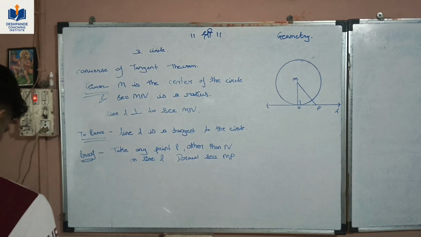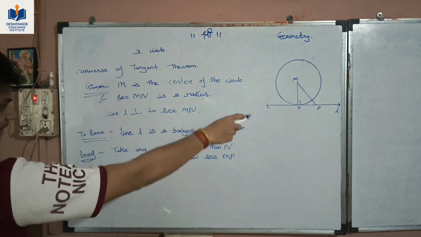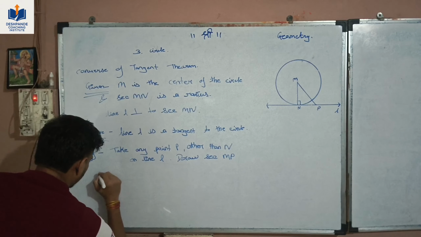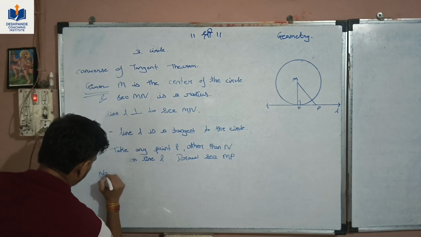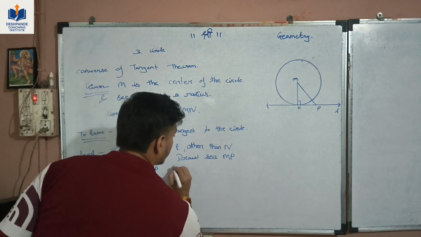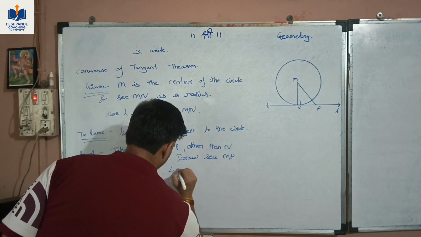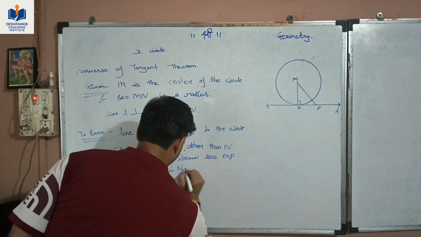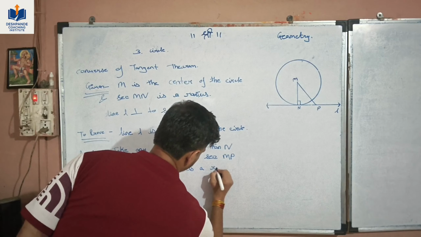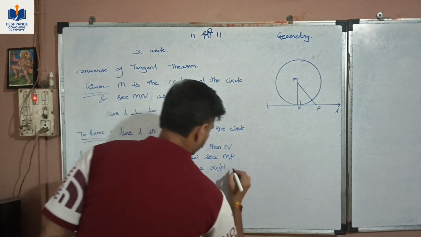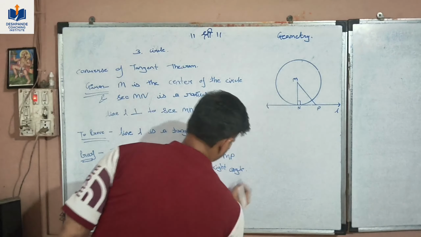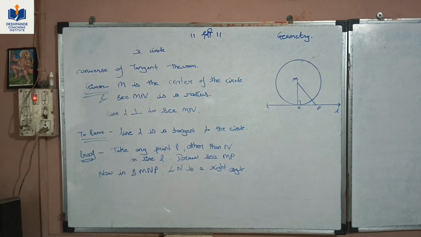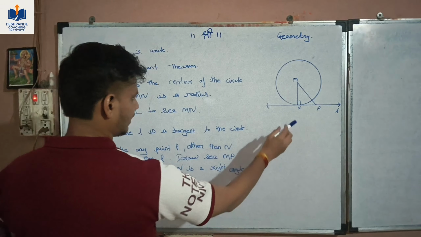In triangle MNP, angle N is a right angle. Triangle MNP is the triangle which has been created by the construction.